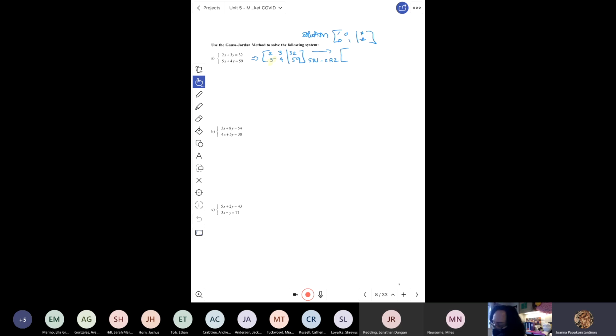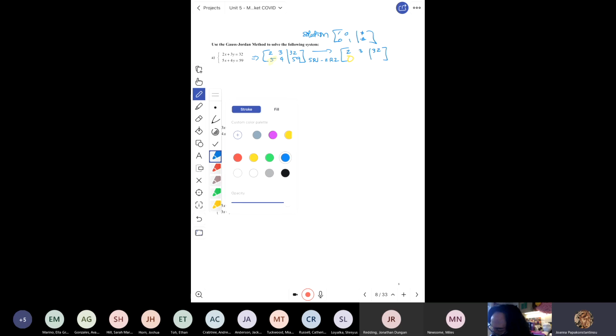Okay, so here we go. First row doesn't change. What is my new second row? Anybody? Yes, and that was our goal. We wanted to get a 0 there. Keep going.